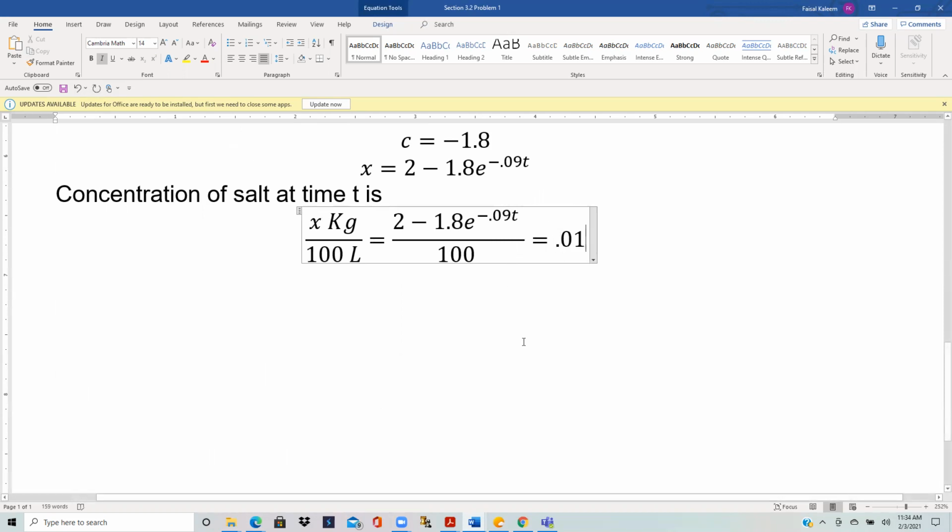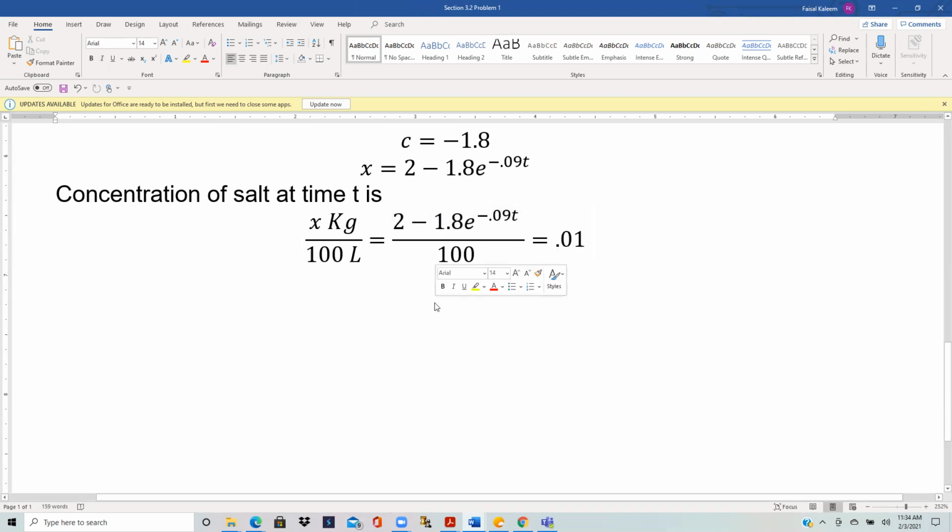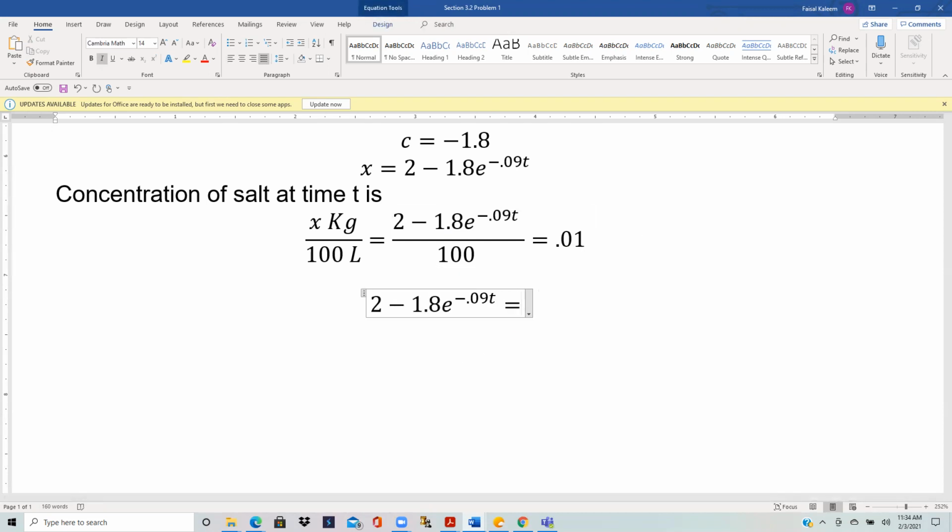All right. So now it's basically finding t from this equation. If we multiply both sides by 100, we get this quantity equals 100 times 0.01, which will just be 1.